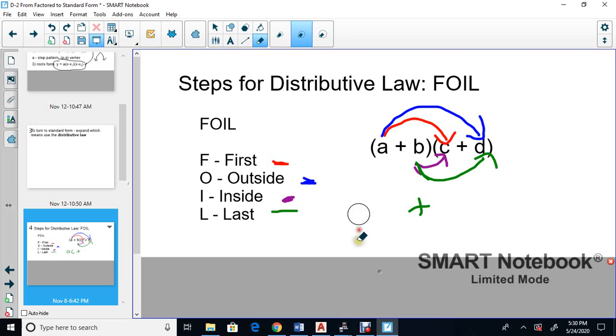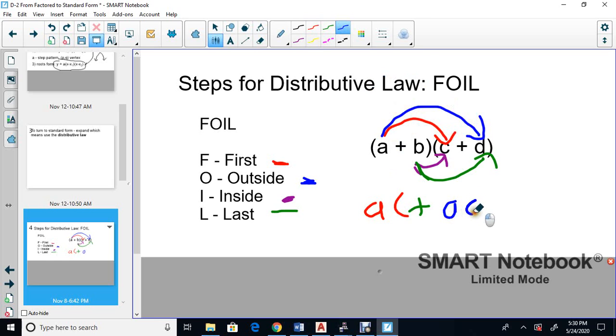So the first one is ac, so we use the red. a times c, the first two. So the a and the c, the red ones. So this one here. Then the blue one, the outside ones. Plus a times d. Plus. Now we'll do the purple ones, or the inside ones.